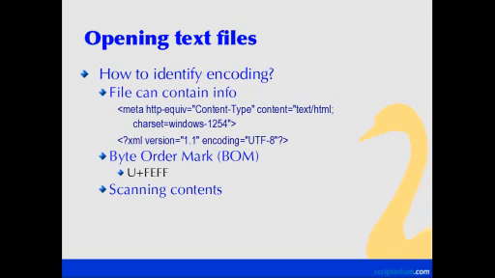But also in other Unicode architectures such as UTF-16 and UTF-32, it's used for determining the order that the bytes appear in. The other way that we can determine a file encoding is by actually scanning through the contents and looking for particular marker characters that would identify to a particular program what the encoding is. That's not usually what we're talking about, but I wanted to add that as another way.